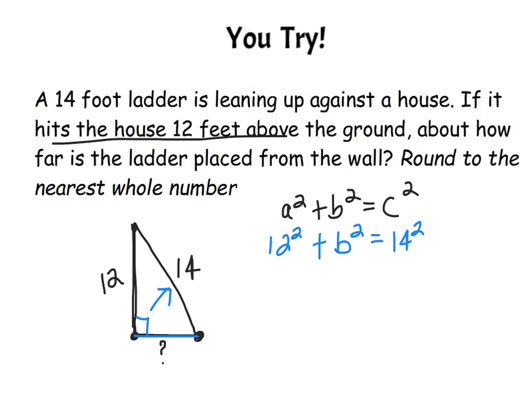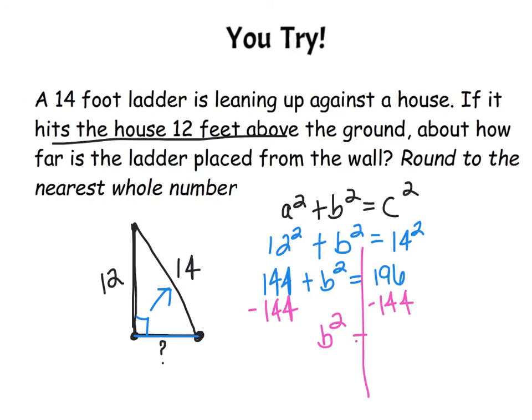If you had it in the wrong place, make sure you correct it now. So 12 squared is 144 plus B squared, 14 squared is 196. I'm going to subtract 144 on both sides. We get B squared equals 52.